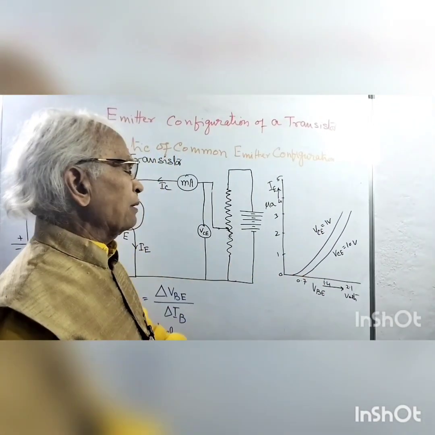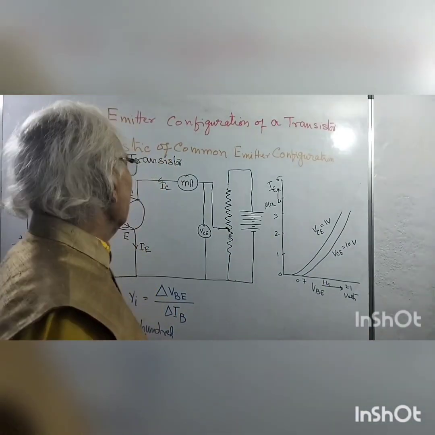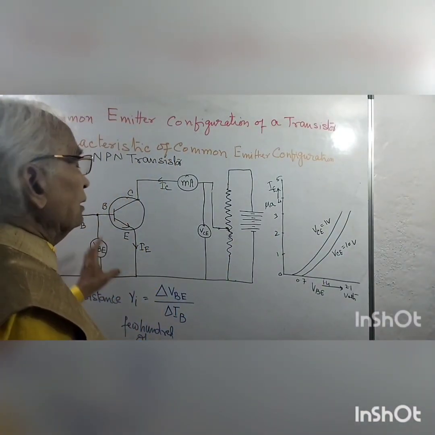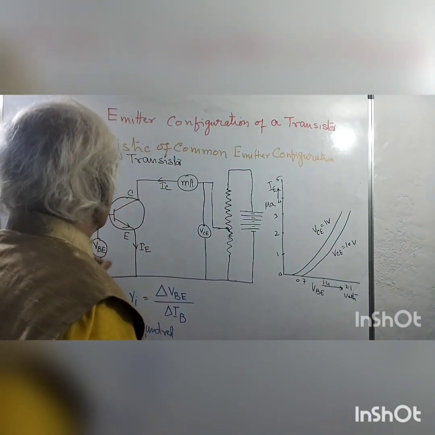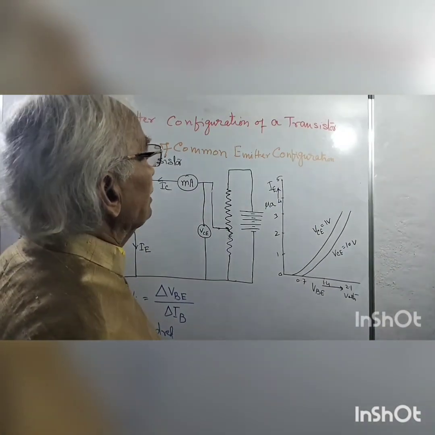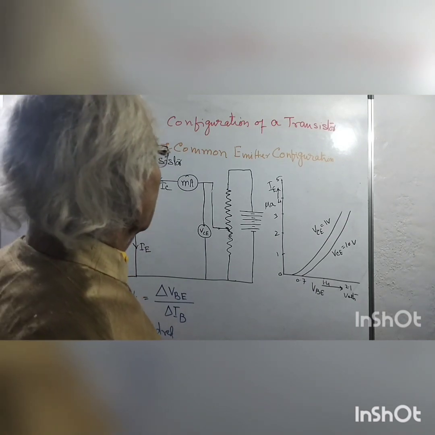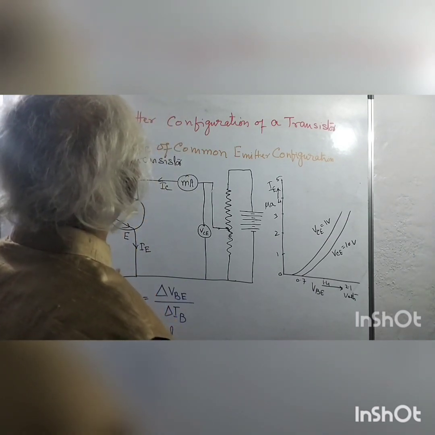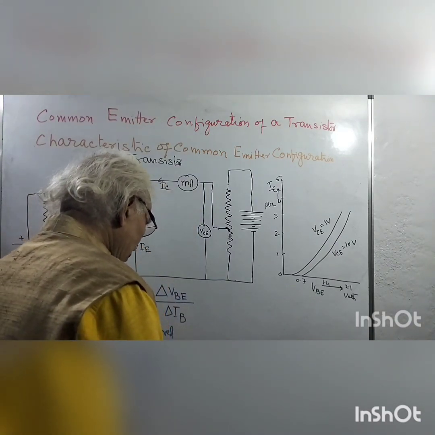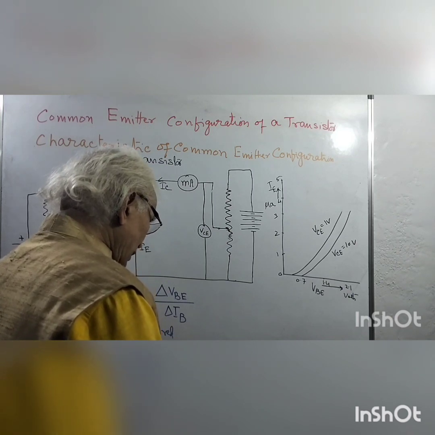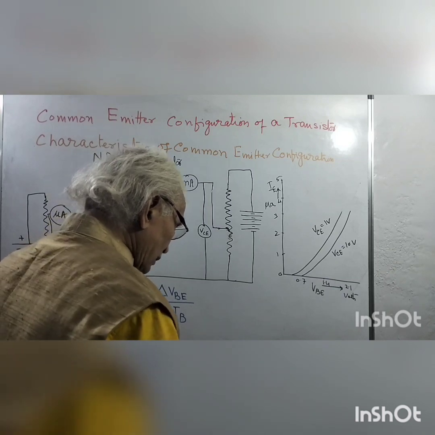So I have shown two curves, one for VCE 1 volt, one for VCE 10 volt, and how the voltage VBE is changing, keeping VCE constant, and how the IB is changing. So you can see how the current changes, which we measure through the microammeter, and we measure the collector current through the milliammeter, and we measure the voltages here.